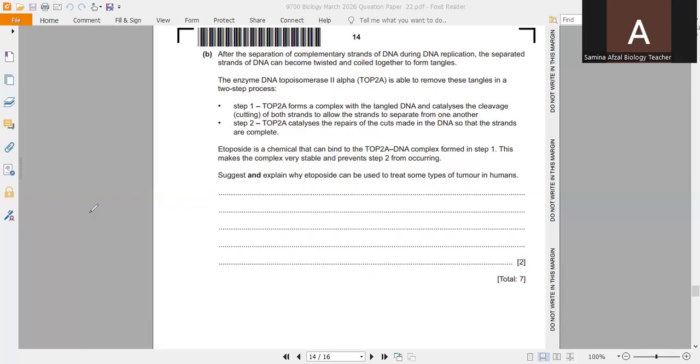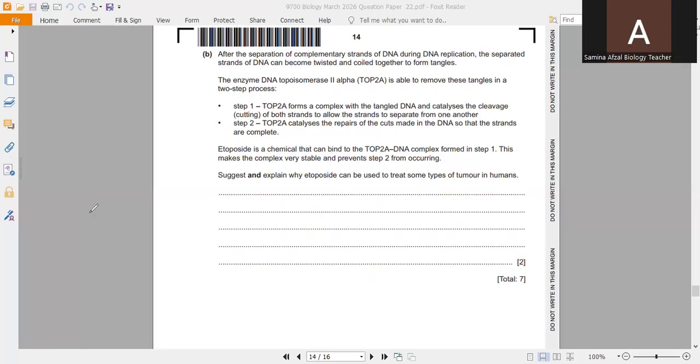So by stabilizing the TOP2A DNA complex and preventing the repair of the cleaved strands, etoposide introduces permanent double strand breaks into the DNA. So when a rapidly dividing cell attempts to replicate or separate broken DNA, the replication machinery stalls. Cells have internal checkpoints that detect severe DNA damage.